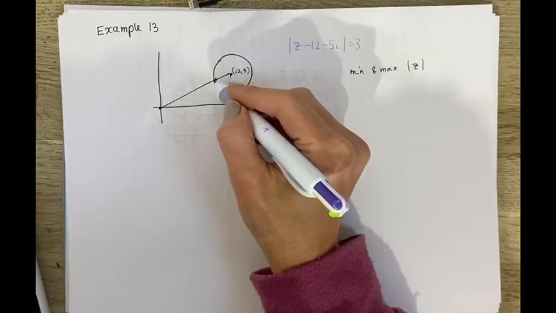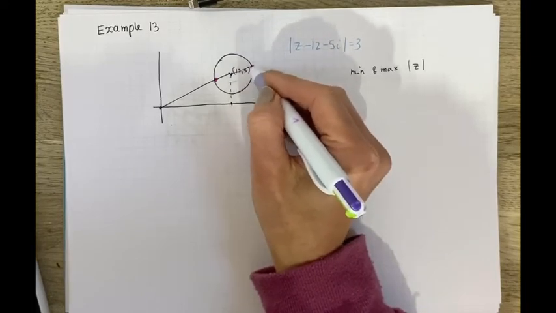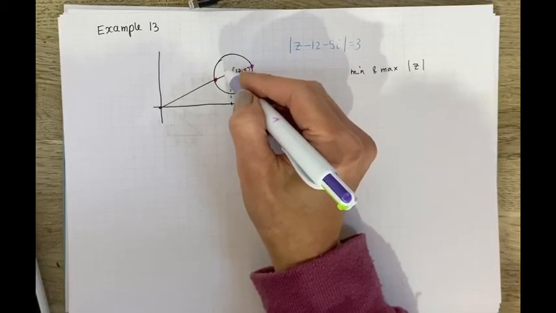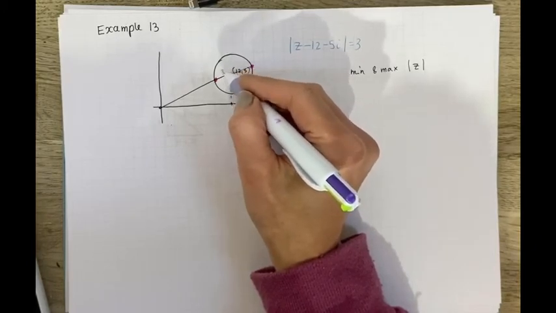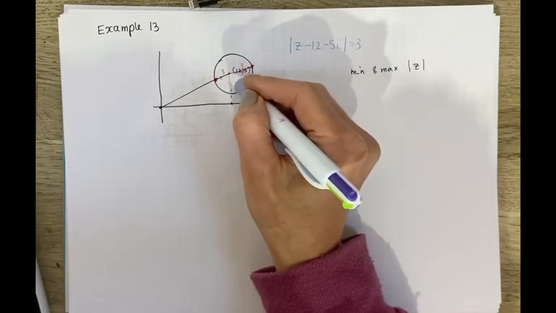So we'll find the coordinates of that point in a minute, and then the furthest one away is going to be right on the other side of the circle. Okay, so radius is 3, so this is 3 and this is 3. Sorry, I've already marked it with the coordinates.